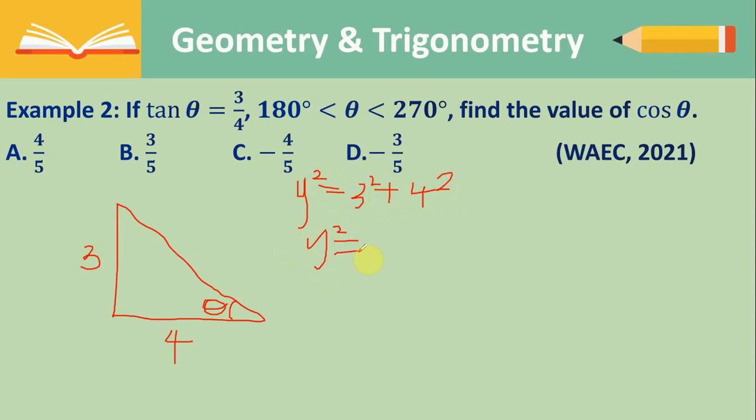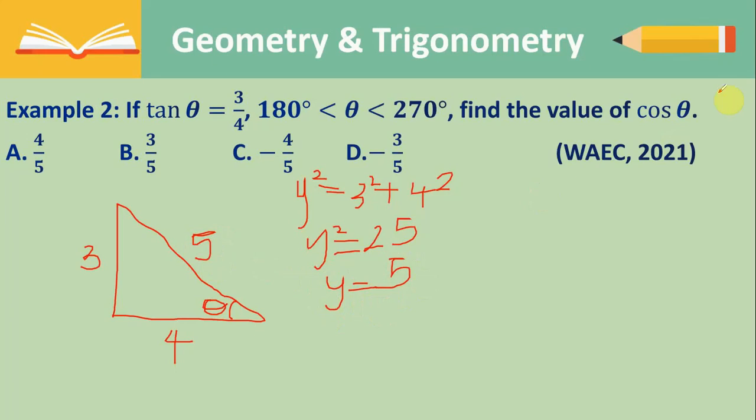What is 4 square? 16. So when you add the two together, you get 25. Finding the square root of 25, you will see that your hypotenuse is 5. That is how we always get that.